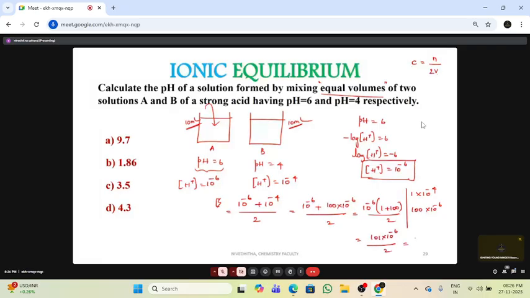Approximately, I can take this 101 as 100 into 10 power minus 6 divided by 2. If you divide 100 by 2, it is 50. So 50 into 10 power minus 6 is the H plus ion concentration. So from that value, please calculate pH.